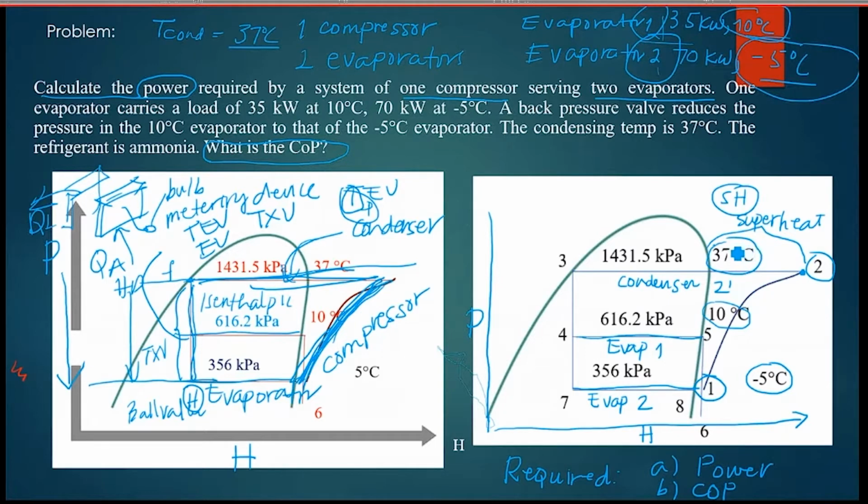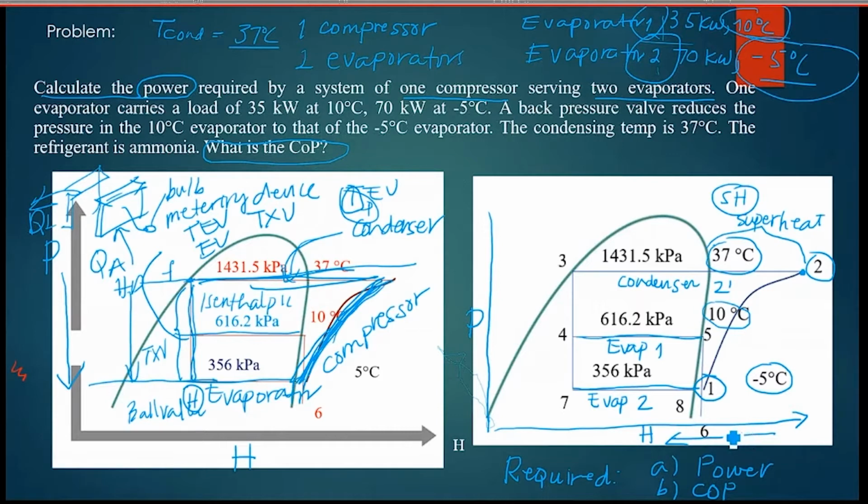What is superheat? It is the region above saturation. From 2 to 2 prime it is superheat, so we have to remove the superheat. When you remove it, you lessen the heat energy. That's why going to the left, you reduce the enthalpy, because of this enthalpy line.